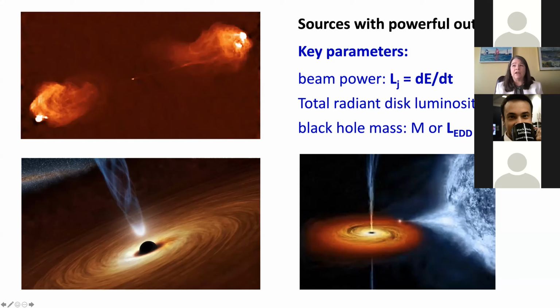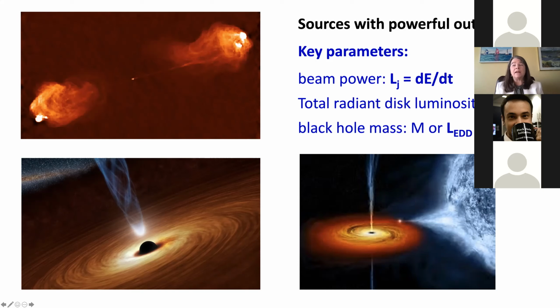That is an empirically determined quantity that's fairly straightforward to obtain, and the methods to obtain it are well accepted and widely used. The third key parameter describing these systems is the black hole mass, which in what I'll be showing you is given the symbol capital M, or it's equivalent to the Eddington luminosity of the source. And there are also several well-accepted and well-studied methods to determine the black hole mass.